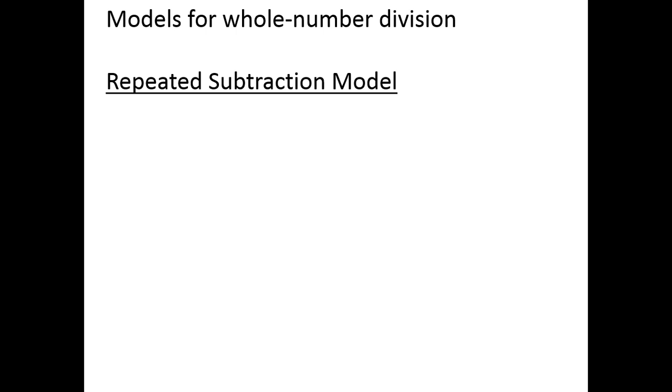There's a repeated subtraction model for division. Since division really is repeated subtraction, much like multiplication is repeated addition, we can demonstrate this division by using subtraction over and over again as long as we subtract the same thing.